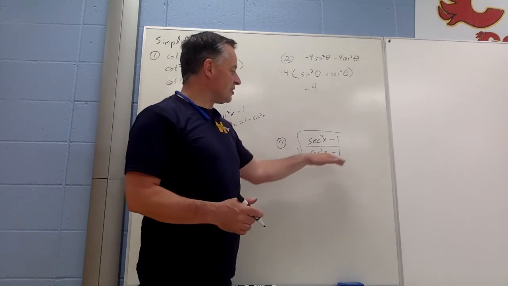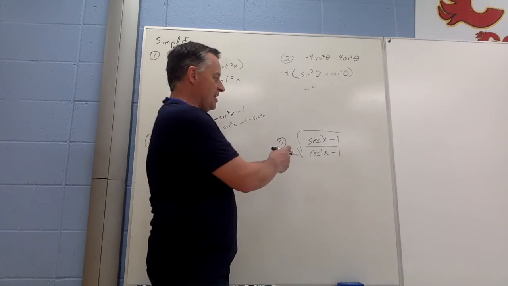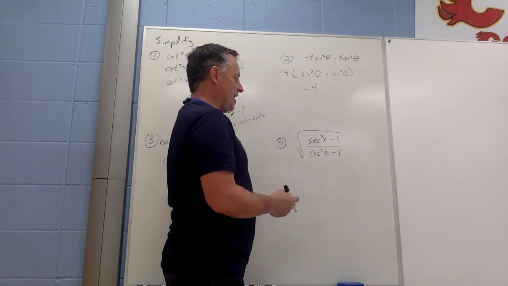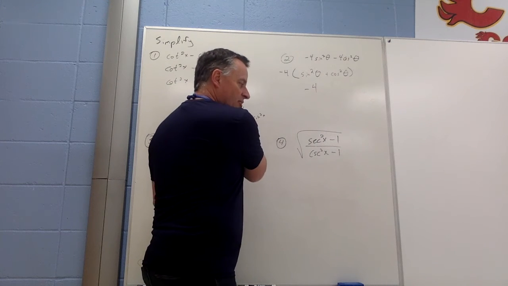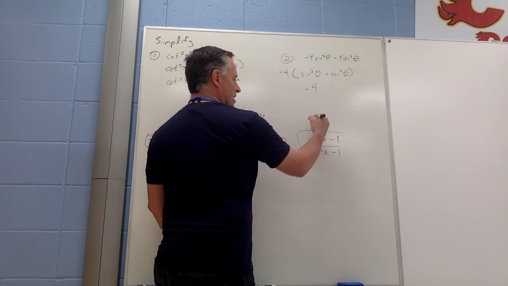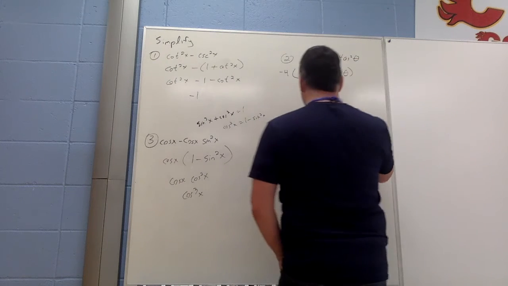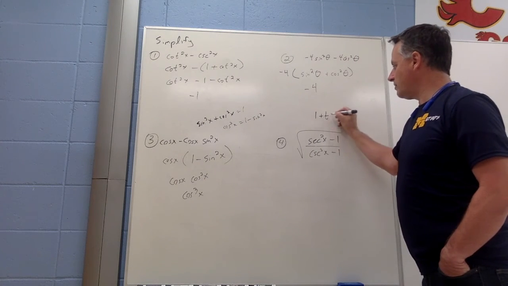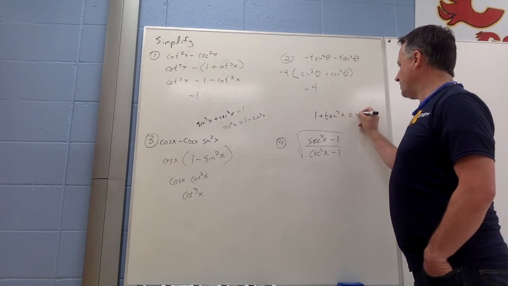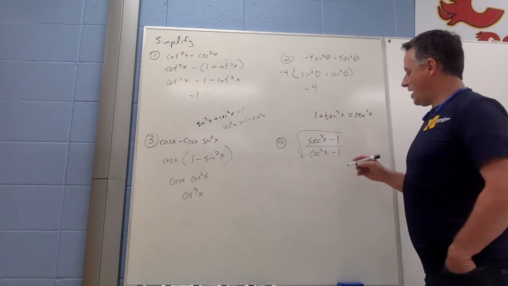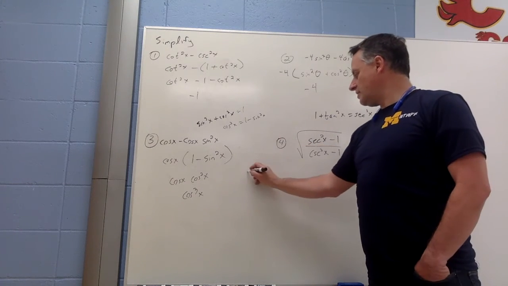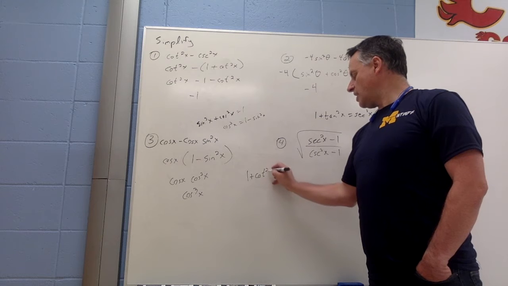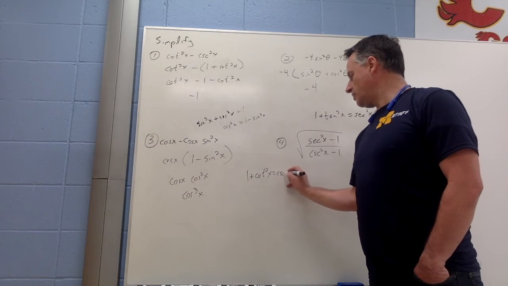So if this is our expression for Pythagorean identities, secant squared x minus 1 and cosecant squared x minus 1, what we're going to make use of again is that 1 plus tan squared is equal to secant squared, and 1 plus cotan squared is equal to cosecant squared.